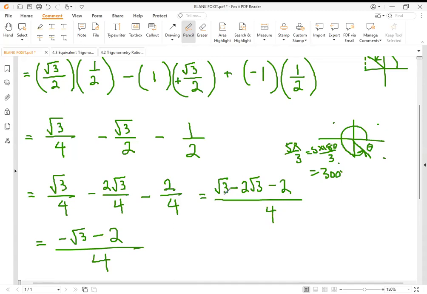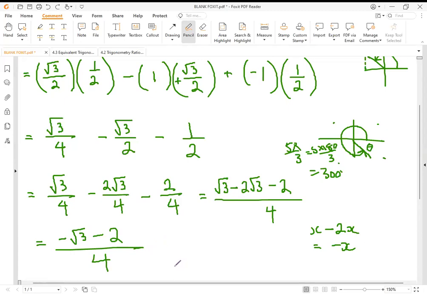And the root of 3, a radical, because you don't want to multiply that out, consider that like it was a variable. If you had x minus 2x, what would the answer be? Negative x. Same thing. We have negative root 3 minus 2. You can leave it like that.